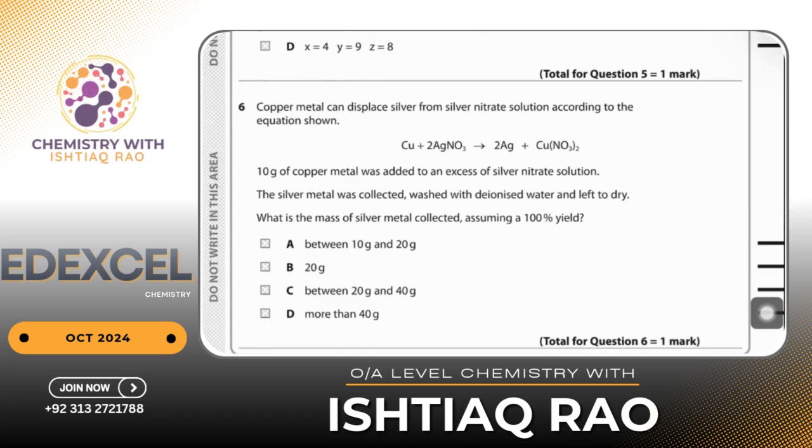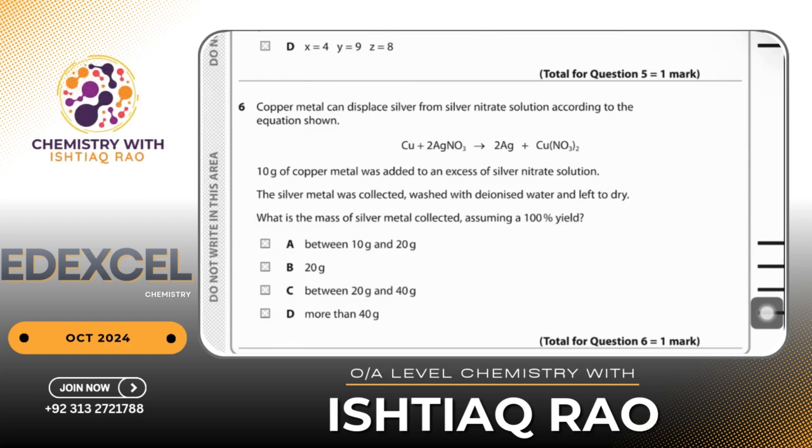Copper metal can displace silver from silver nitrate solution according to the equation shown. 10 grams of copper metal was added to an excess of silver nitrate solution. The silver metal was collected, washed with deionized water and left to dry.